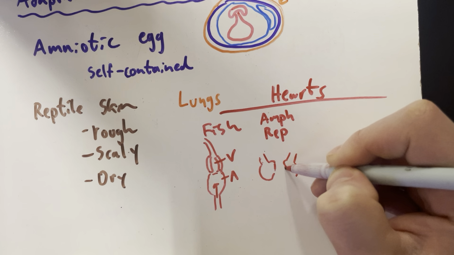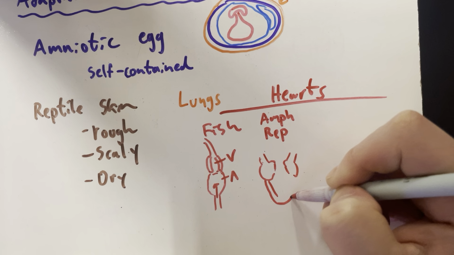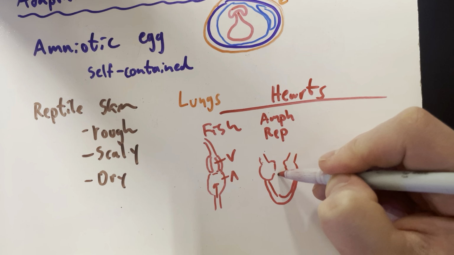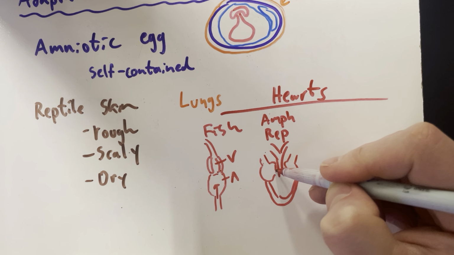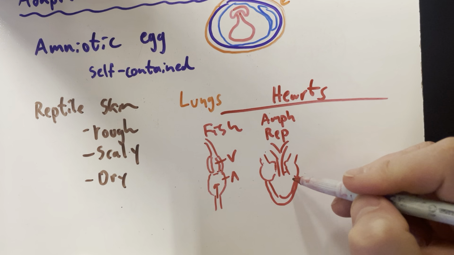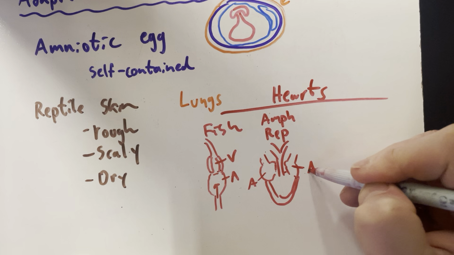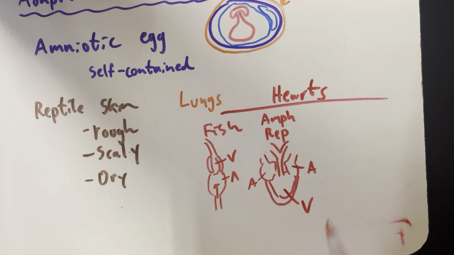And then there's a valve, and then there's this big old ventricle at the bottom. Something like that. They have a left and a right atrium, and then one large ventricle. So amphibians and reptiles have a three-chambered heart.